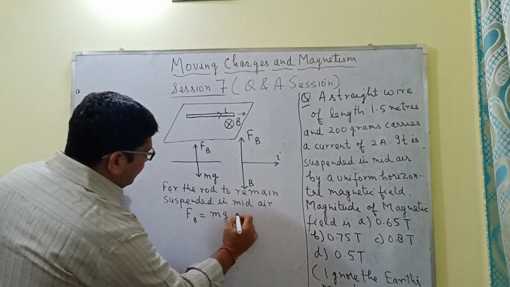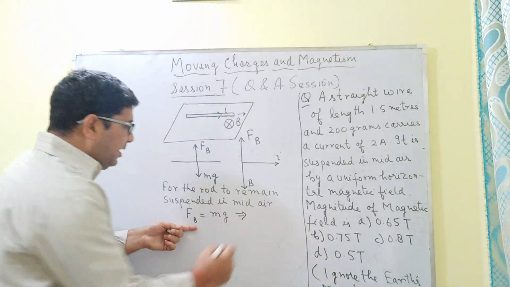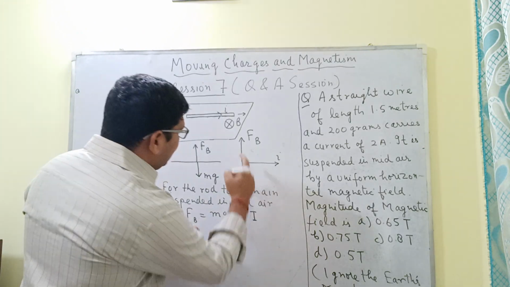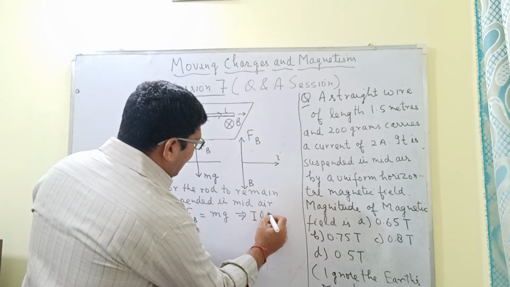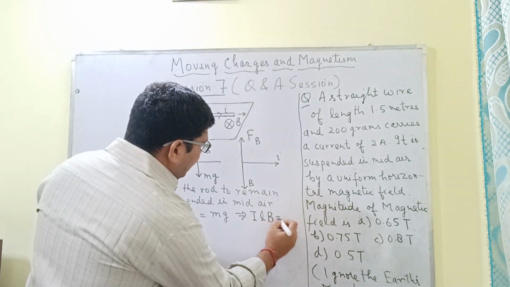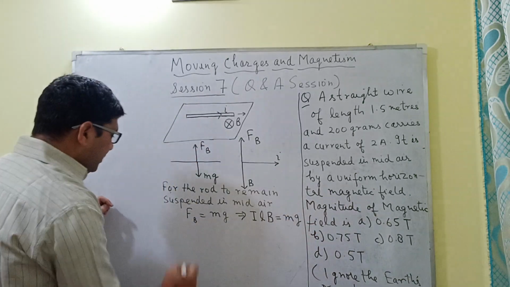So now the magnetic force is given by ILB, where I is the current, L is the length of the conductor, and B is the magnetic field. So ILB will be equal to mg.